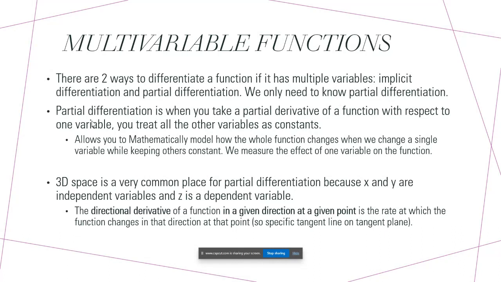So if you have a function, say the typical gradient descent concave kind of shape in 3D space, what a directional derivative would tell us is the gradient at a certain point in the direction we want to go in. Say I want to go left.